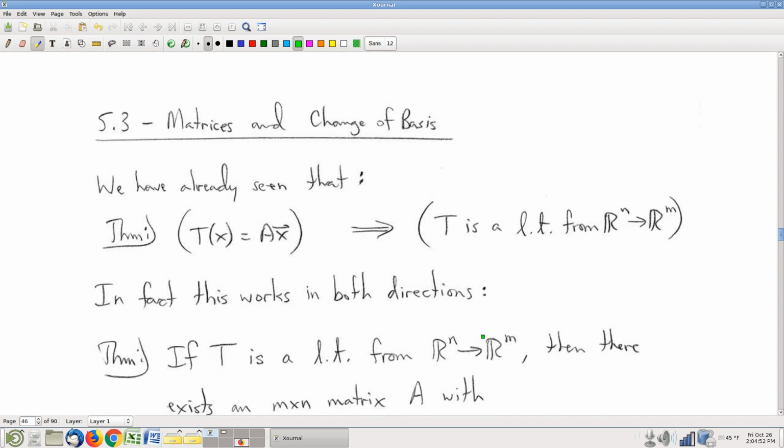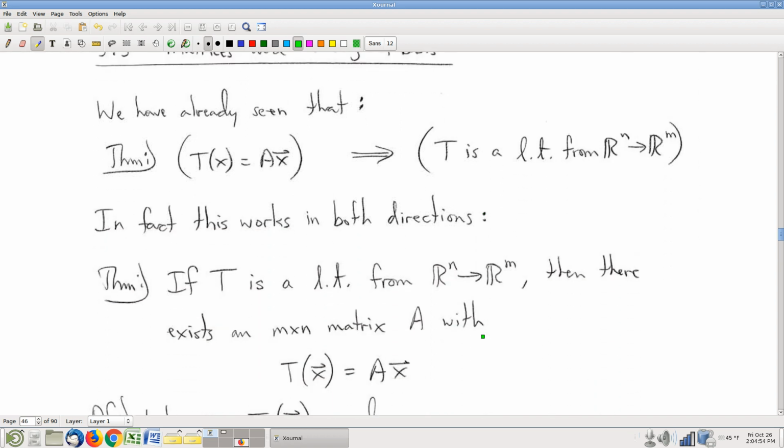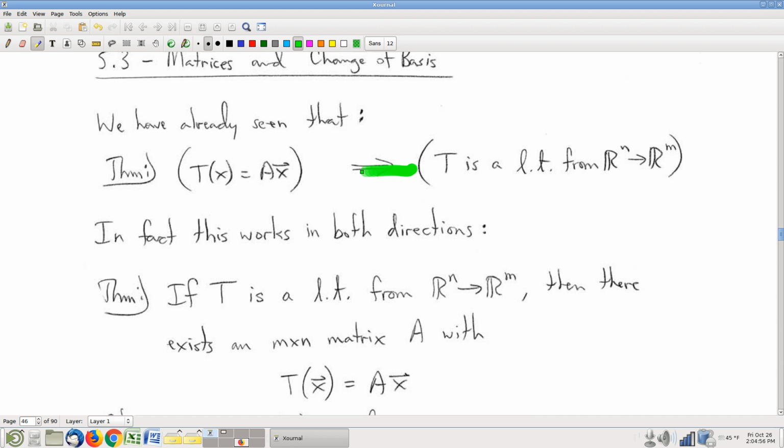So here's what I'm going to show you now: this arrow actually goes the other way also. This is very far from obvious. Not only is it true that all matrices are linear transformations from Rn to Rm, but furthermore, every linear transformation from Rn to Rm can be thought of as a matrix.